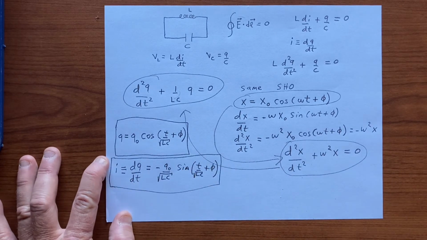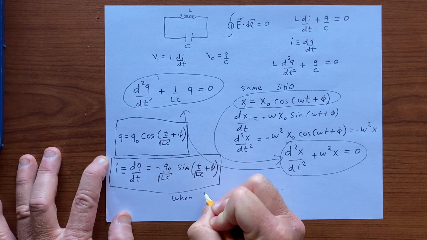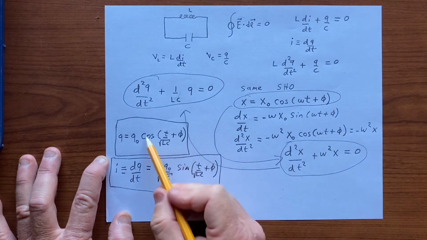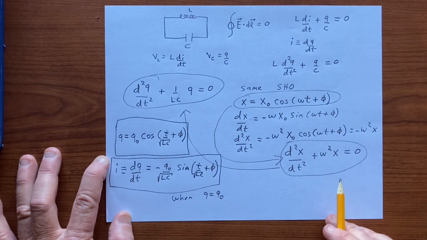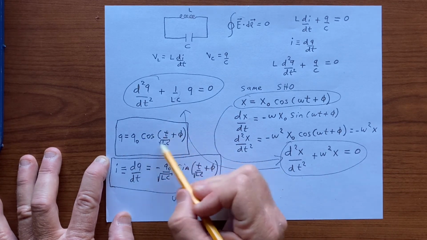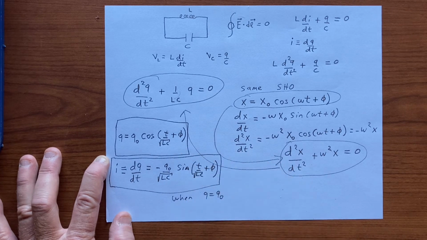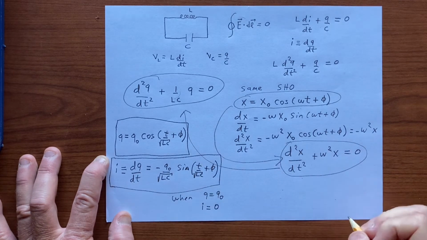And we see that they're both oscillating, but notice that when Q is equal to Q naught, so when the cosine is 1, Q is equal to Q naught. But when the cosine of something is 1, then the sine of that quantity will be 0. And so we have that the current is 0.